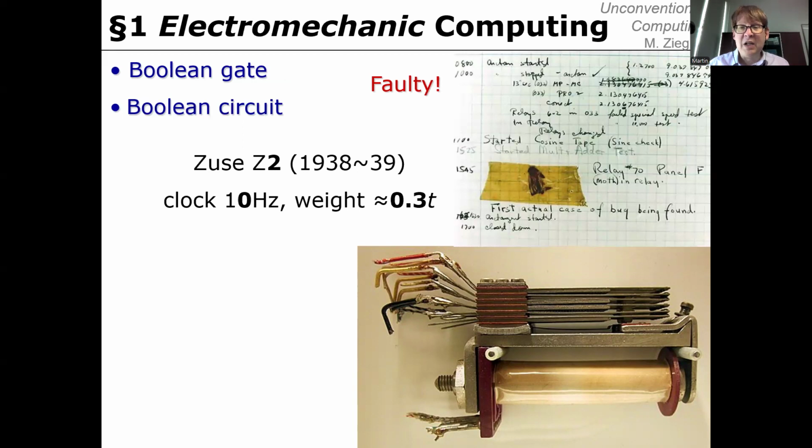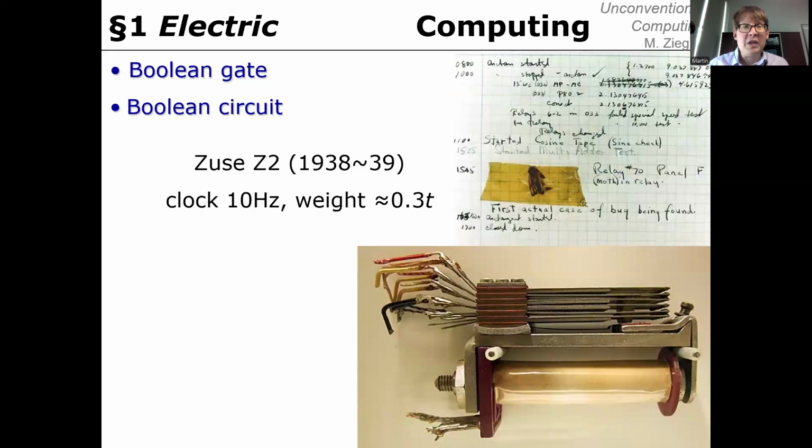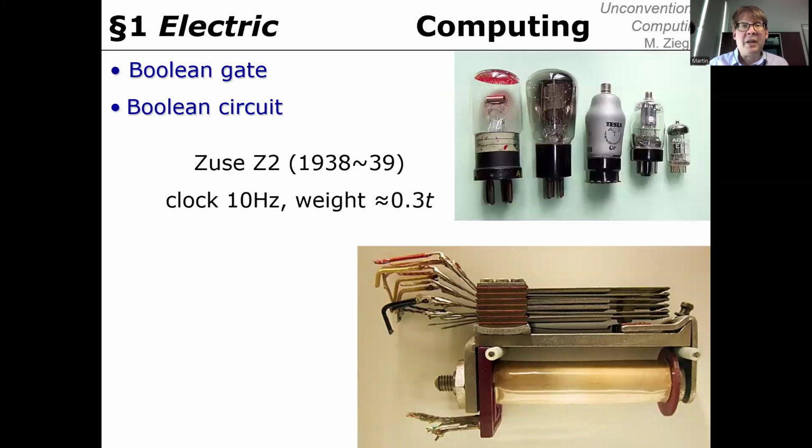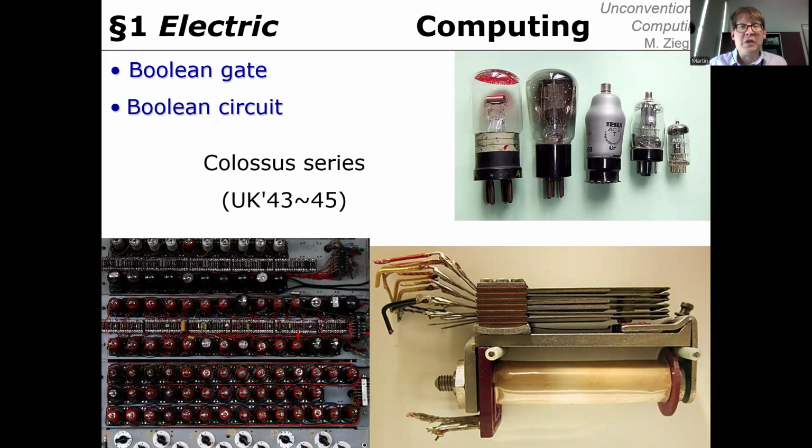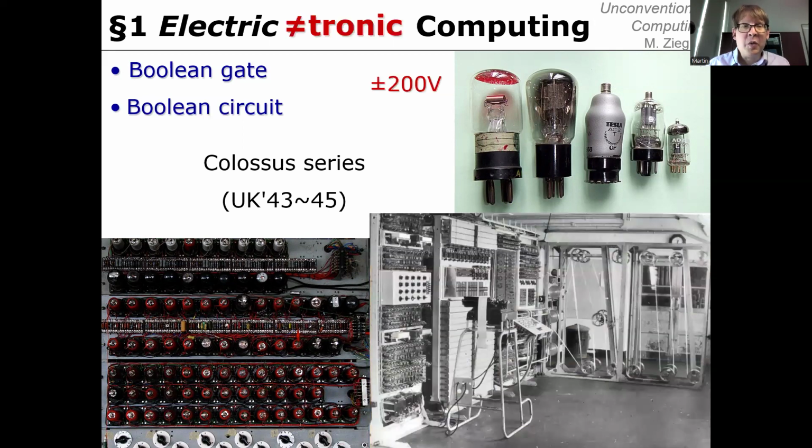But these still often had some errors, some faulty operation, which led to proceeding to electric computing. And the essence of electric computing is based on these tubes, triodes. And this is different from electronic computing because of the high voltage it uses.